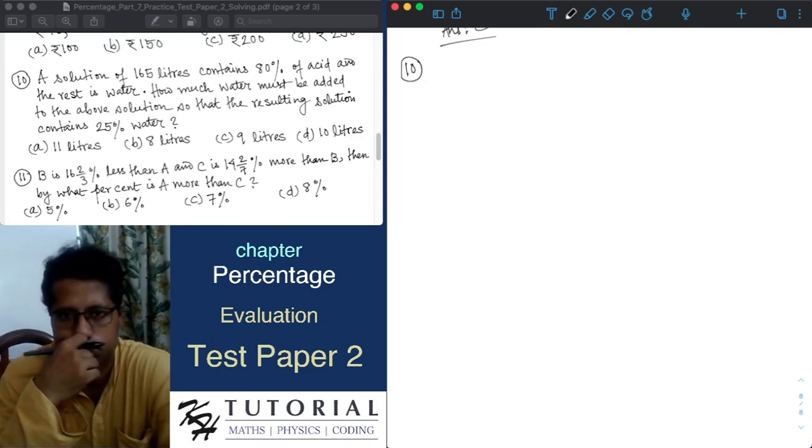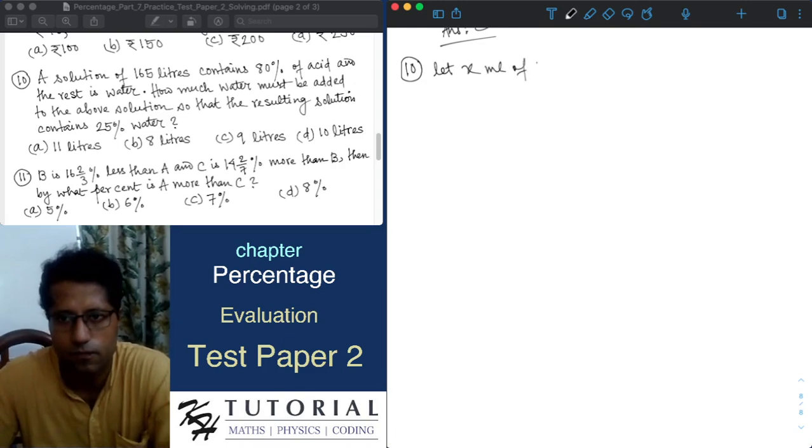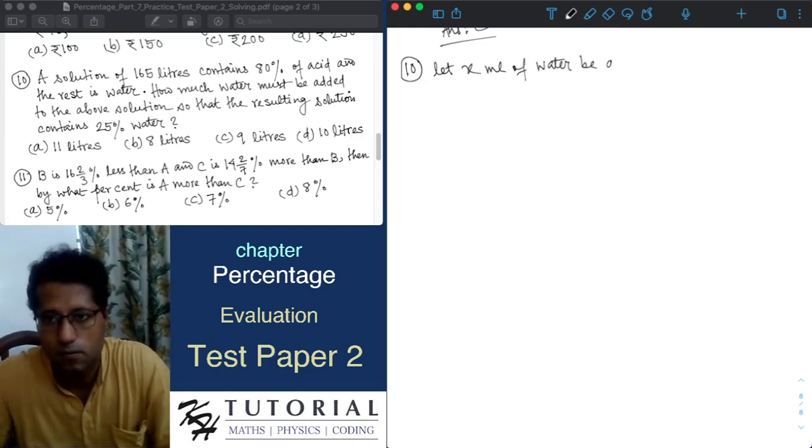So let x liters of water be added to 165 liters of solution.